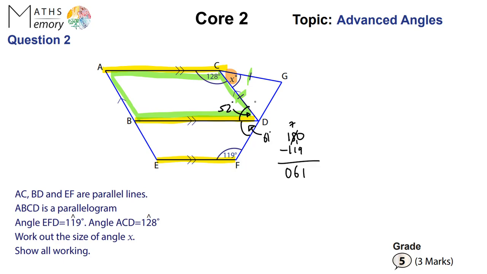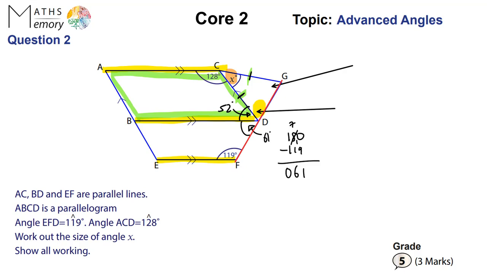Now, how do we find out this? This is an isosceles triangle because we have two lines over here. So the question is, how do we find out this angle over here? If we know this one, we know that this one is the same as well. Now, this is a straight line. We want to find this yellow one over here. That should be quite apparent because we have FDG being a straight line.